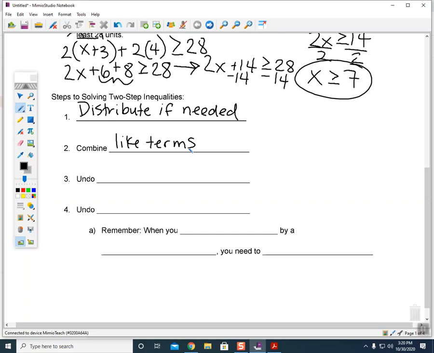After combining like terms, I'm going to undo addition and subtraction. And then after I've done that, I'm going to undo my multiplication and division.